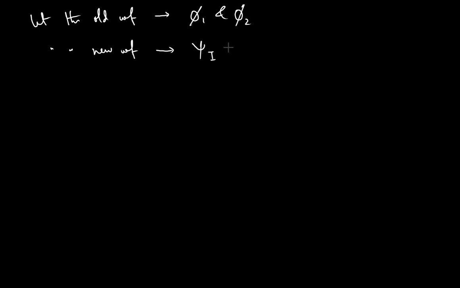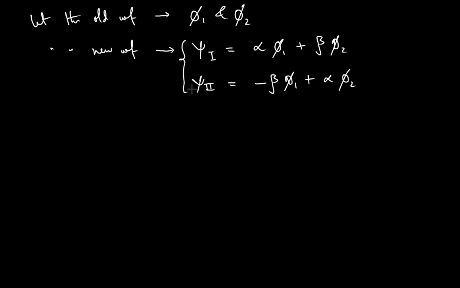So what is the value of psi 1? Psi 1, we can write as a linear combination. So let me write it in this way. And psi 2 is equal to minus beta phi 1 plus alpha phi 2. Psi 1, psi 2 as a function of this. So this is old and these ones are new.